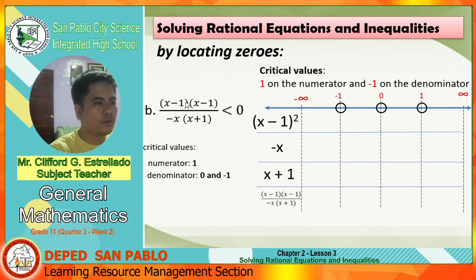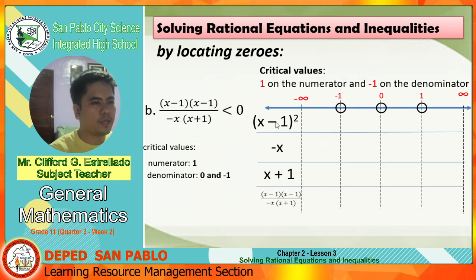If x is equal to positive 1, we'll have 0 is less than 0, which is a false statement. That's why positive 1, the critical value on our numerator, is also not included in our solution set, because it will make our inequality statement false.